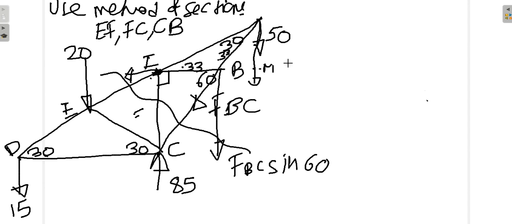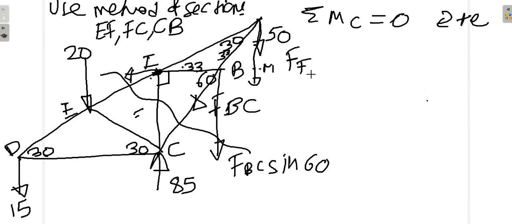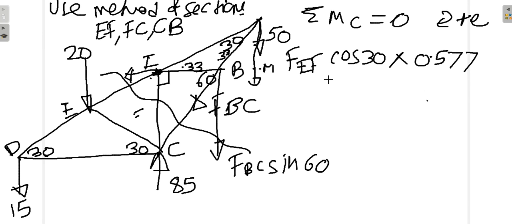Let us take moments about C. Again the convention is clockwise positive. So FE cos 30 into 0.577, this is anti-clockwise, so minus, plus 50 into 0.5.